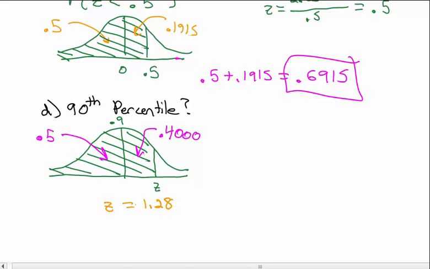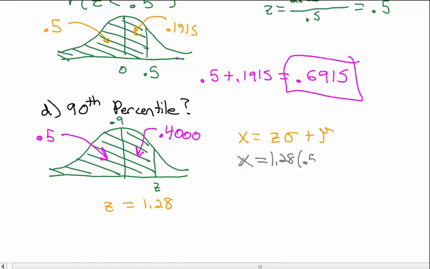But that's our z. It won't make any sense to say we're less than 1.28 standard deviations above the mean. What we want is the x value that has meaning in terms of the number of hours the computer is on. You recall the formula that x is equal to z sigma plus mu. It's the same formula solved for x, so we're going to work backwards. We want x. Z we just found out was 1.28.